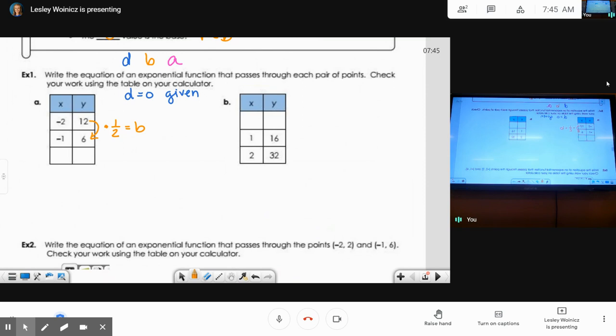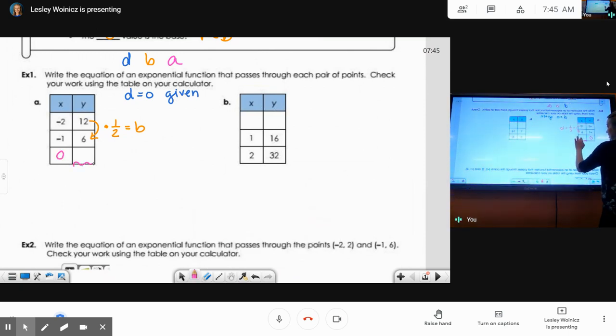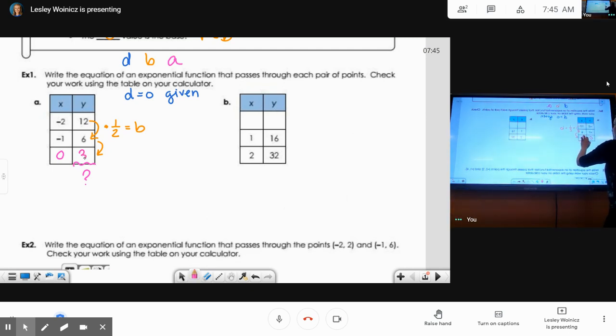Now we have to find our a value. Now our a value is going to come from the y-intercept. So we are going to use our b to find our a. So what we want for the y-intercept is 0, something, and we don't know what that is yet. So if I keep multiplying by b, and I do 1/2 of 6, well, ta-da, 1/2 of 6 is 3.